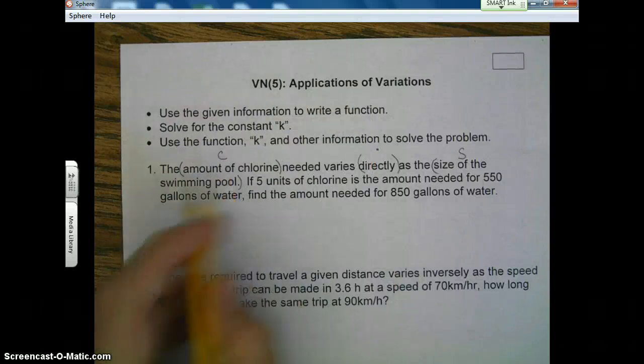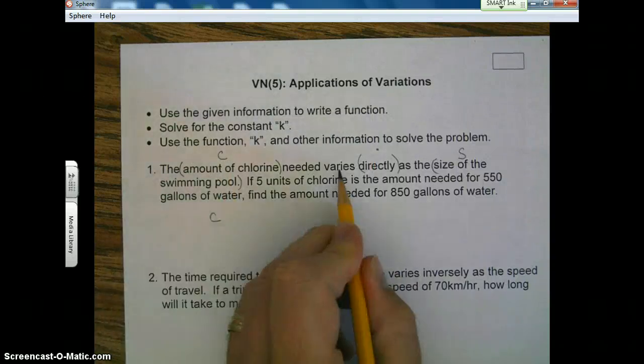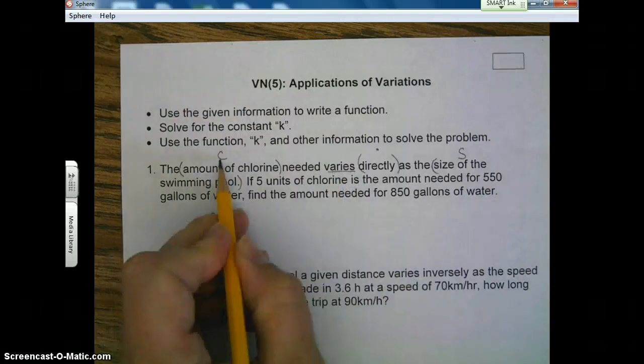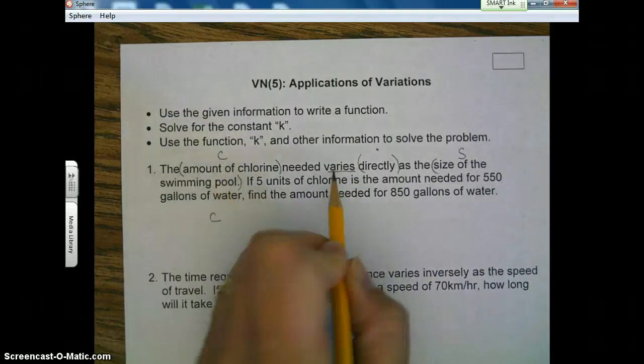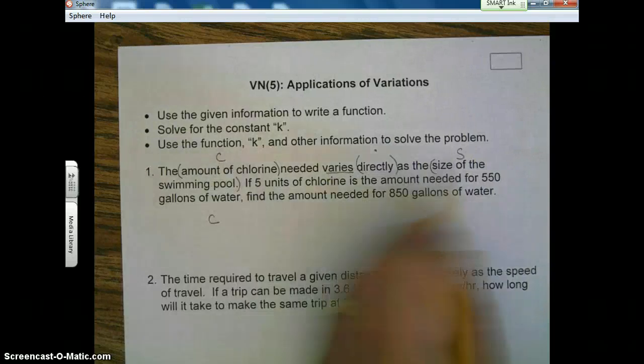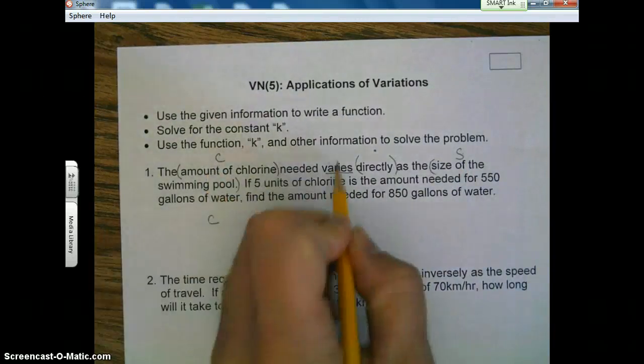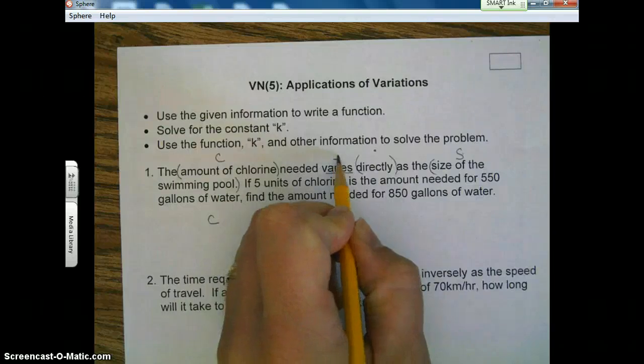So it says C varies, and whenever I see varies, I think, okay, C is being compared to some other variable. So we're comparing, that means that C and S have a relationship. And so since I want to write an equation, that relationship is going to be equals.